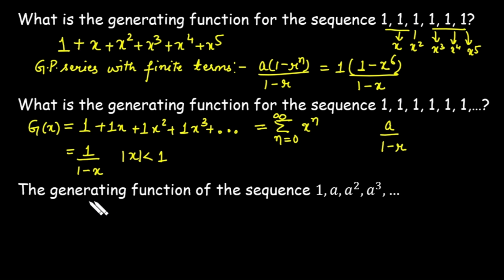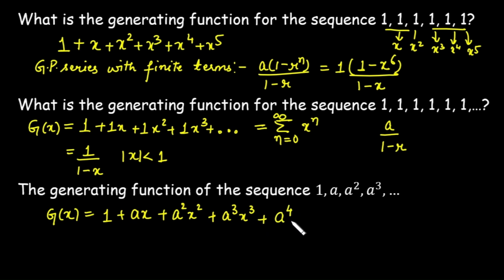The next question is the generating function of this sequence. So let's write that g(x) is equal to the first term 1, the second term is a multiplied by x, the next term is a square multiplied by x square, the next term is a cube into x cube, plus the next is a raised to power 4, x raised to power 4.